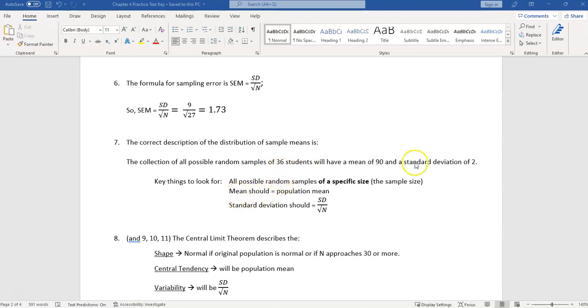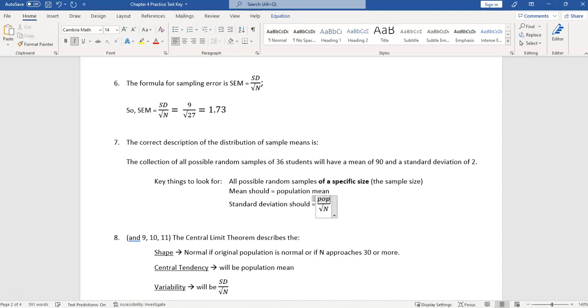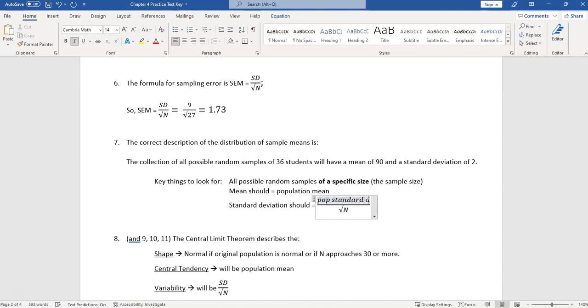Also, the mean that it identifies in the answer should be the population mean, and the standard deviation that it identifies should be the SEM, or, I'm sorry, it should be the standard deviation of the population divided by the square root of n.